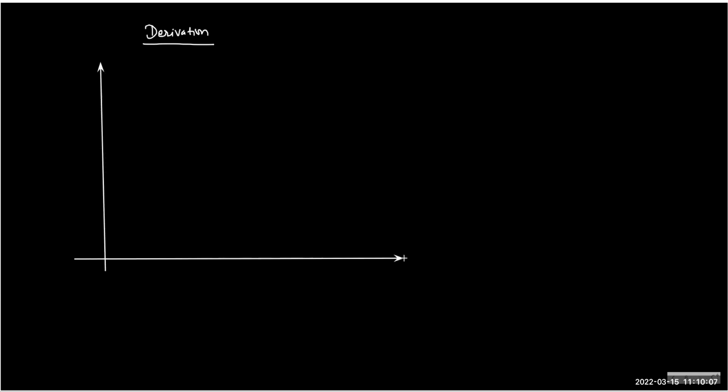Derivation. So imagine we have a two-dimensional plane. The y represents the vertical and the x represents the horizontal.